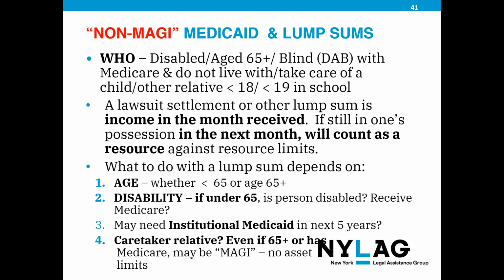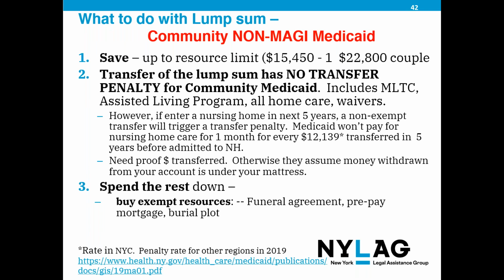Are they receiving Medicare? What's the chance that they will need nursing home Medicaid in the next 5 years? This affects planning because if they transfer assets, they need to understand their risk that they will have a transfer penalty for nursing home Medicaid. And are they a caretaker relative, as we talked about before?